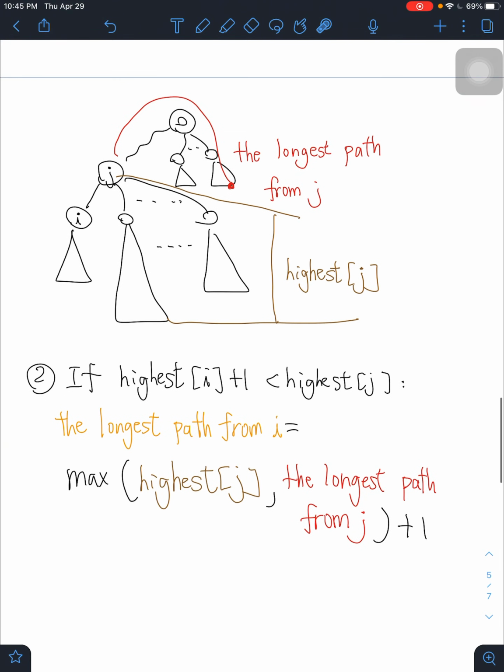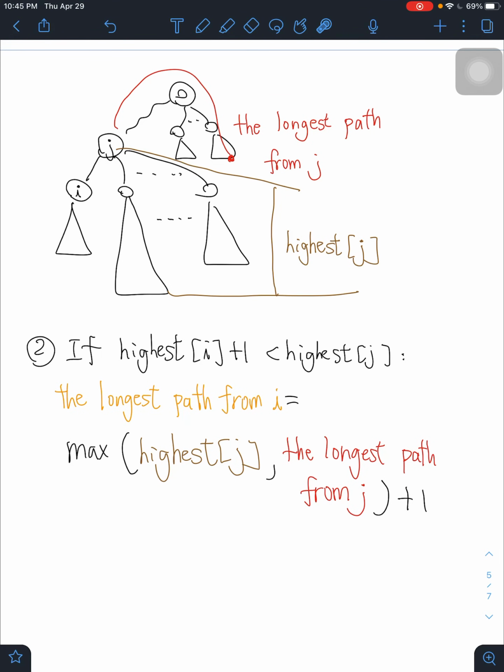And then we will see a second case. The second case is that highest I plus 1 is smaller than highest J. Let's say this is shorter and this is higher. So we will have highest J and the longest path from J. We will take the max over these values, and then notice that we have to plus 1 because of this edge.